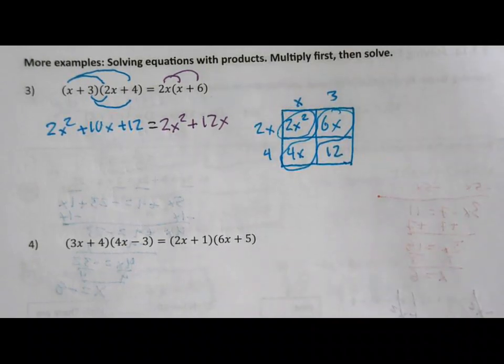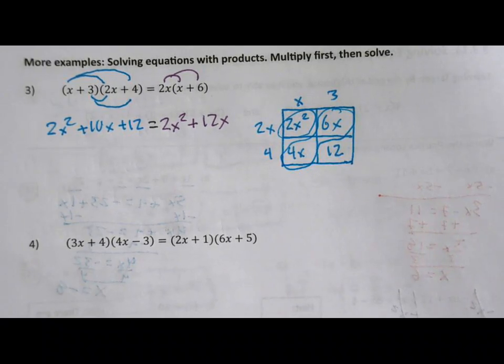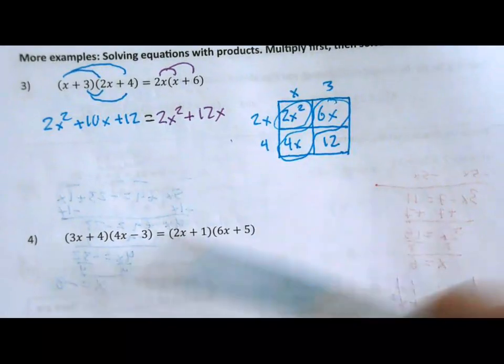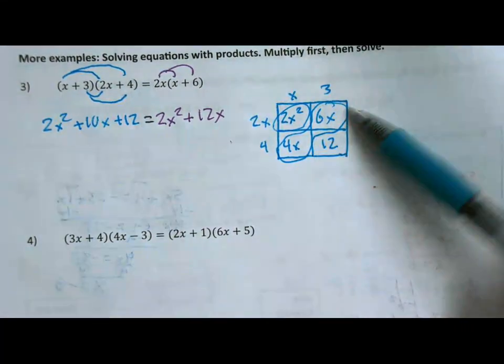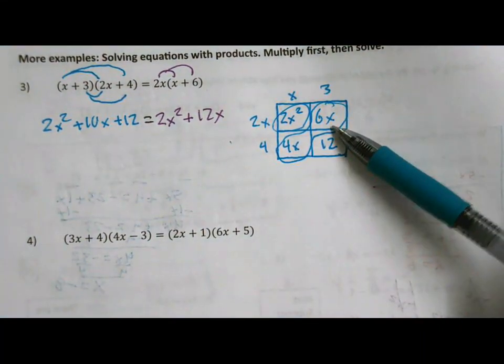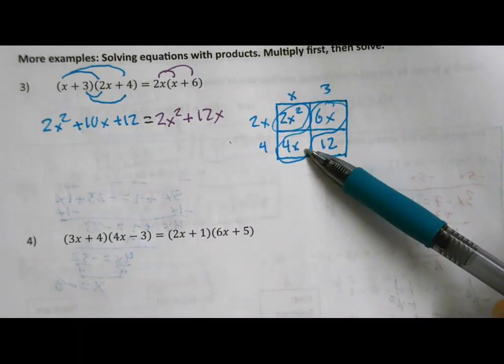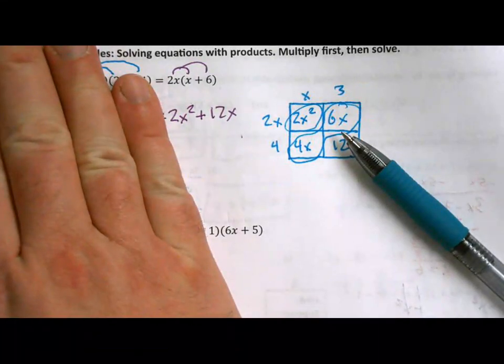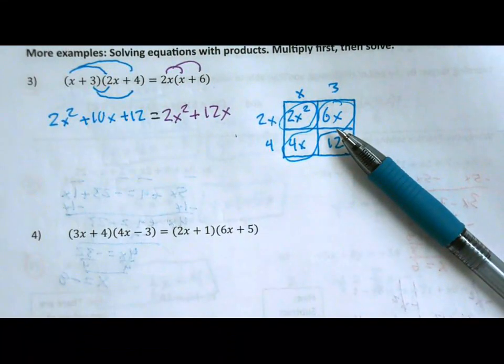What was the second one? Combine like terms. Now, do we have any like terms over here? We kind of did. Some of you had some like terms. You probably already combined them together. I hope that you did. Did you already combine the 6x and the 4x together? So we've already kind of done the combining like terms over here. There's no like terms to combine over there. So we've taken care of that.